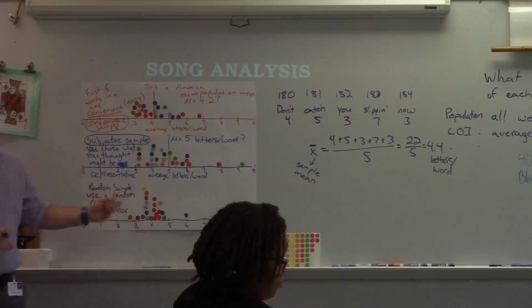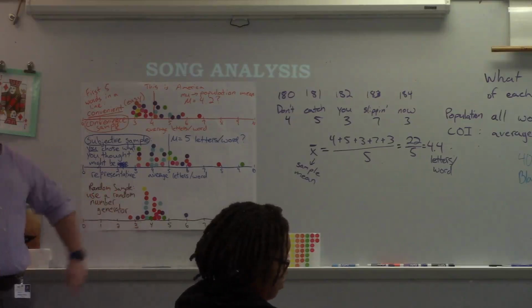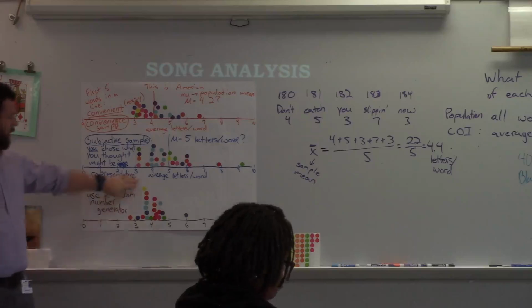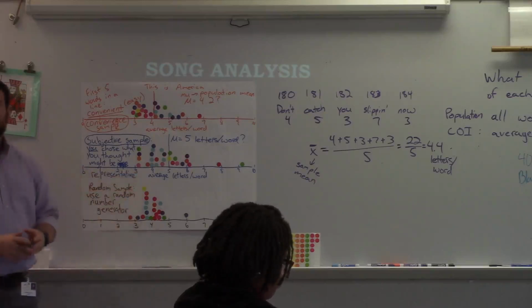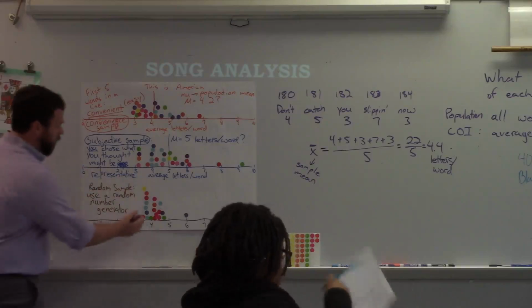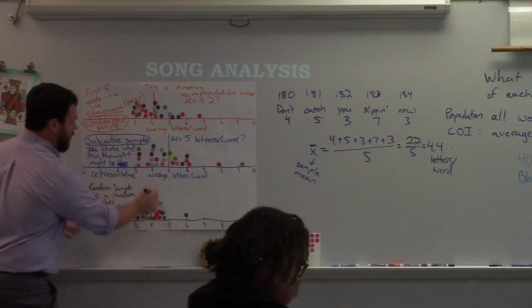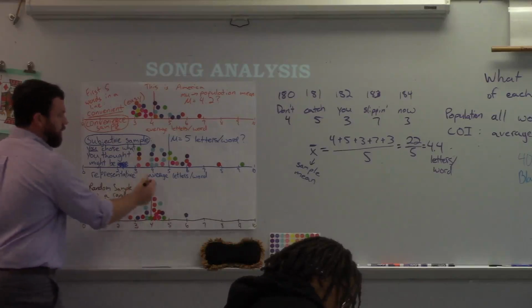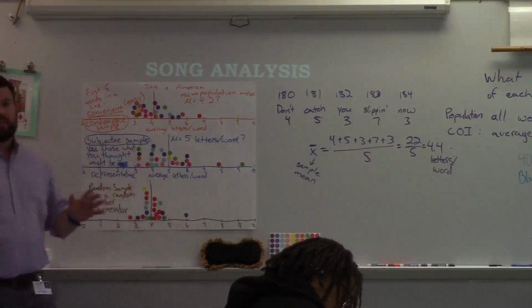Now, based on this set of data, what do you think my average word length might be? 3.6 is the most common, but what's right in the middle? Right around 4, right? So maybe a hair less than 4. Now, we've done 3 different samples at this point.